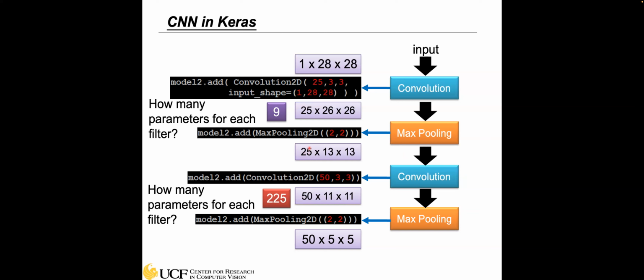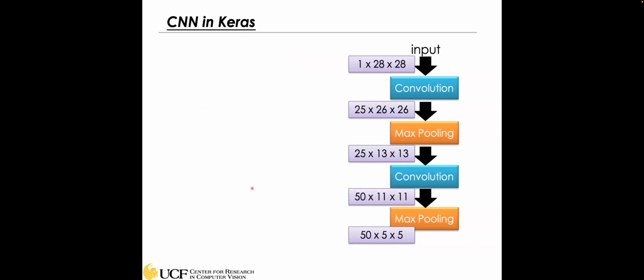Because the input now, after this max pooling, is the feature map the network has right now, 25 by 13 by 13. If you want to apply another conv layer, you want to match the channel dimension 25, so you have 25 by 3 by 3, that's your filter size. So that's 25 times 9, 225 parameters for your filter.